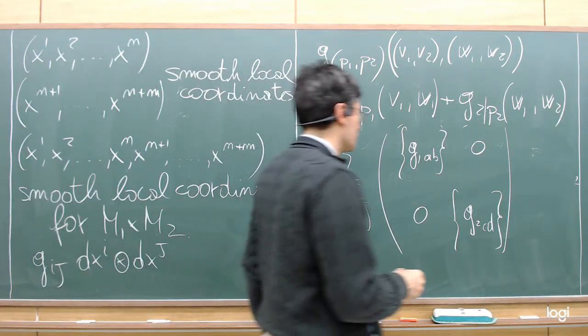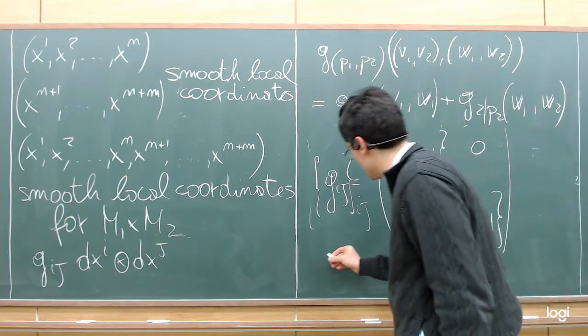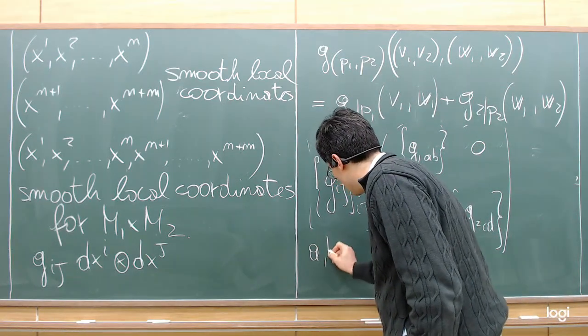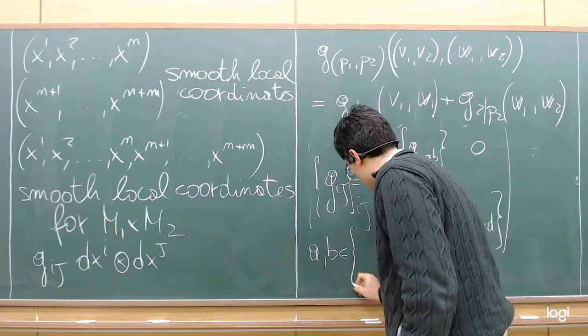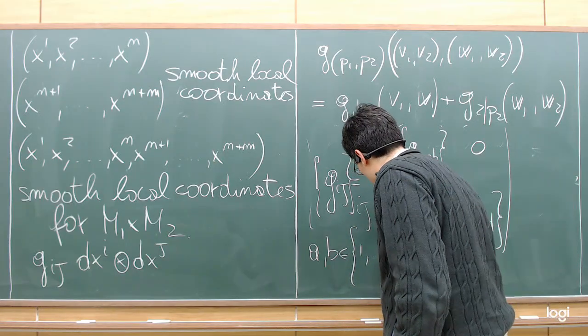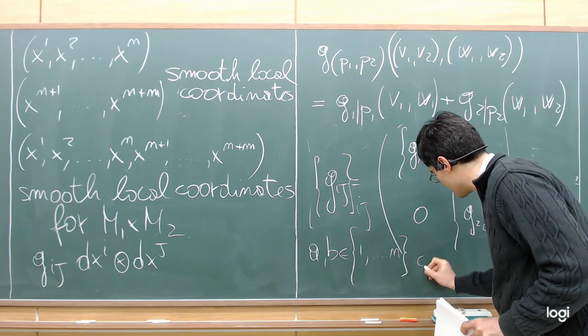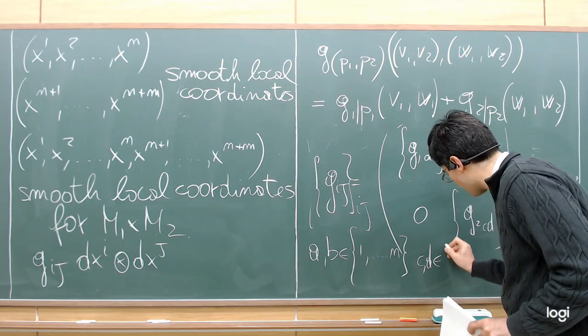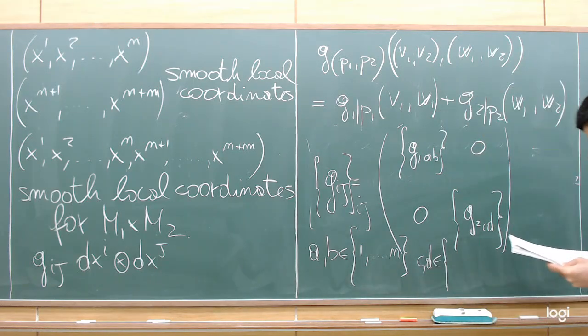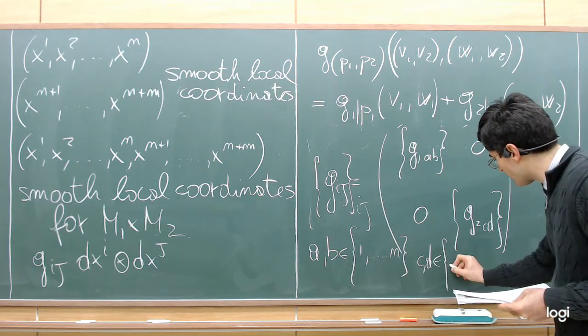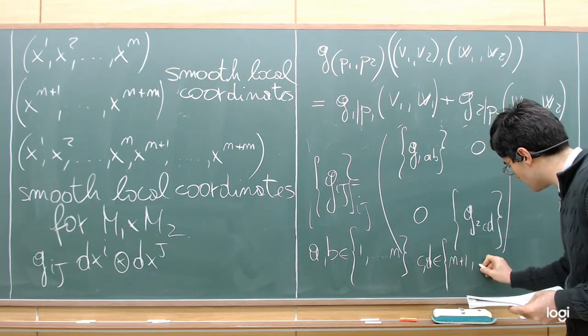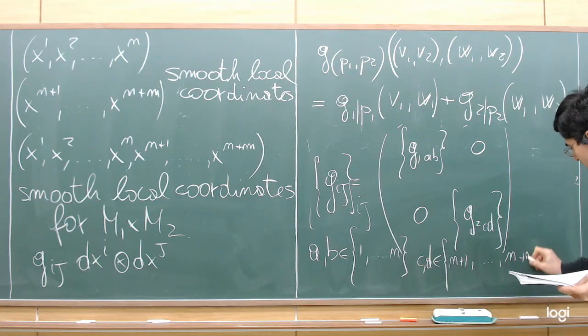And of course, here you have that AB can vary between 1 and n, and CD vary between n plus 1 and n plus m.